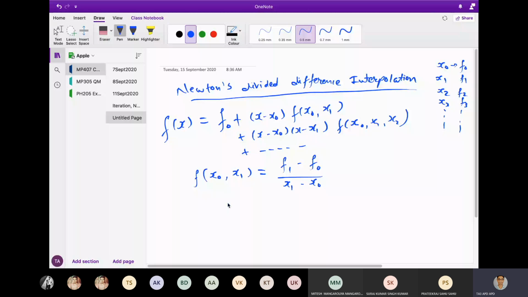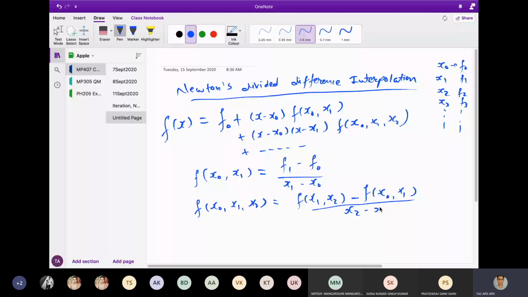Right. Similarly, if you have 3 points, let me just write down. So x0, x1, x2. So that is f of x1, x2 minus f of x0, x1 divided by x2 minus x0.